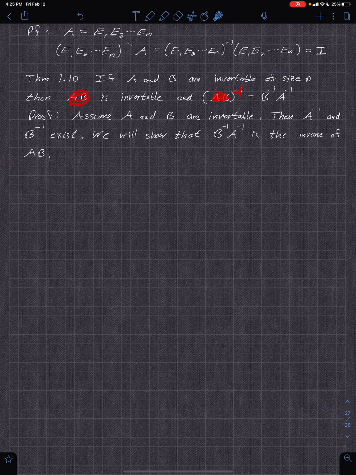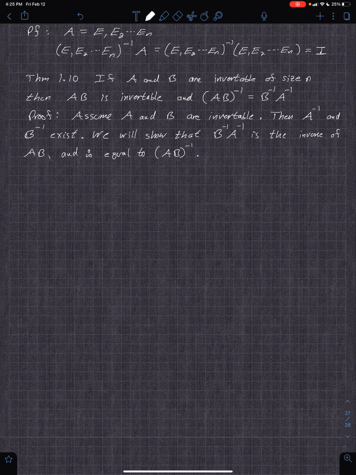The real key here is that it's not just that it exists, it has to be this form. Once we show this behaves as an inverse, then it must equal that. And therefore equal to AB inverse.